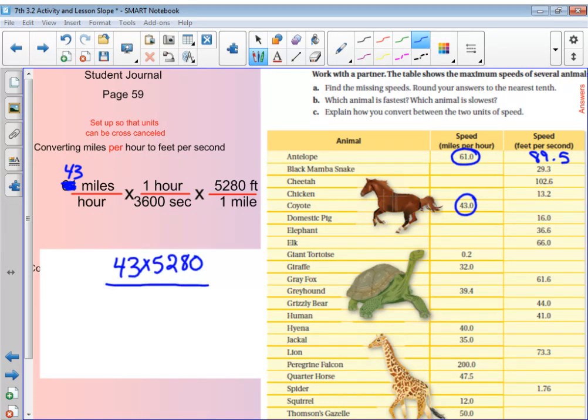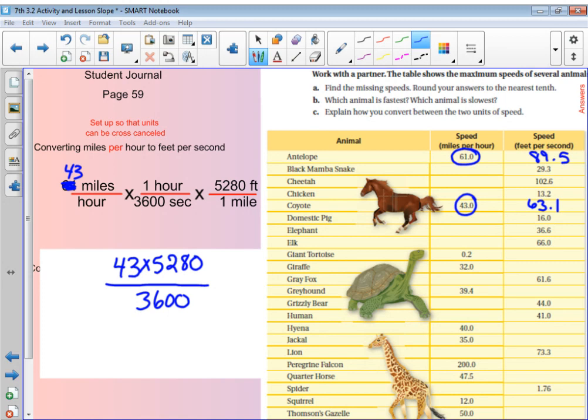And on the bottom, I have 1 hour times 3,600 times 1, so 3,600 is the number that's going to be on the bottom. So 43 times 5,280 gives 227,040, and I'm going to divide that by 3,600. When I do that, I get 63.06. So that first 6 is going to tell that 0 to become a 1, so we would get 63.1 for that one.